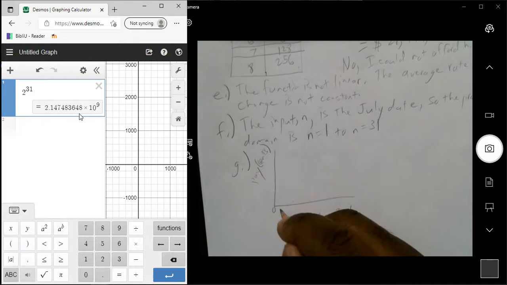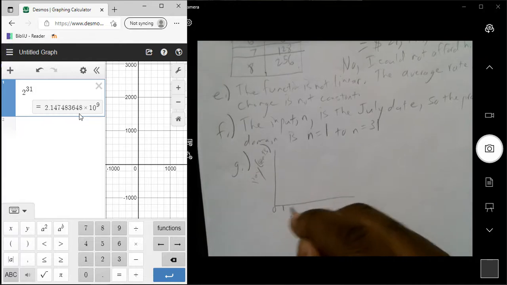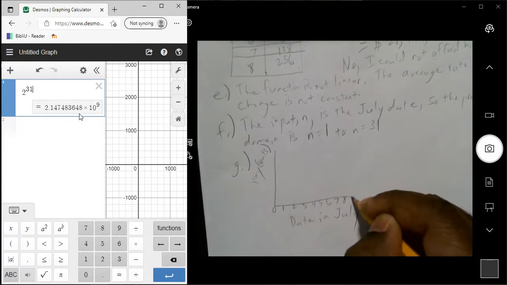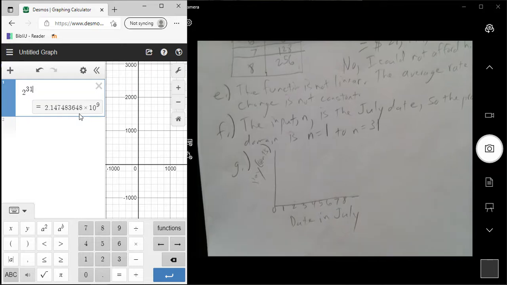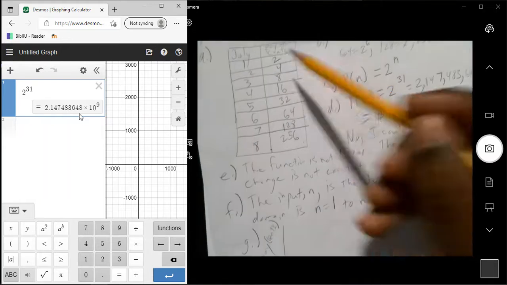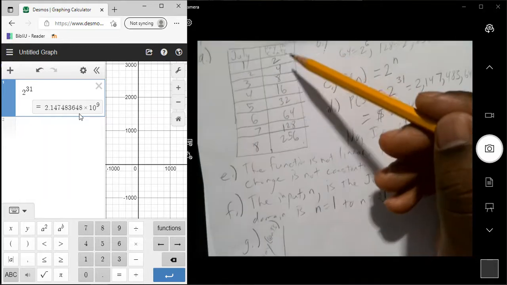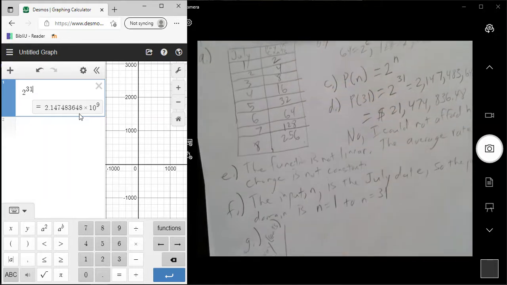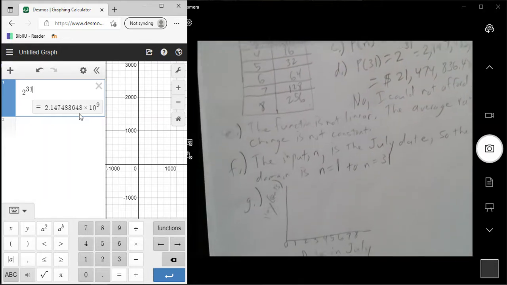We could start at 0 and count by ones until we get to 8, or you could go even further to 13 if you so choose. Now, as far as the pay in cents, when we look at our table in part A, our pay in cents is the low at 2 cents all the way up to 256 for 8 days.